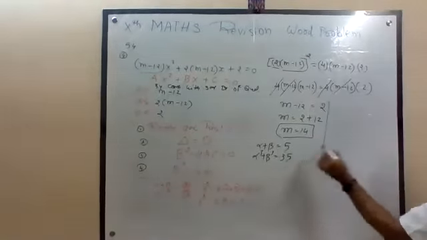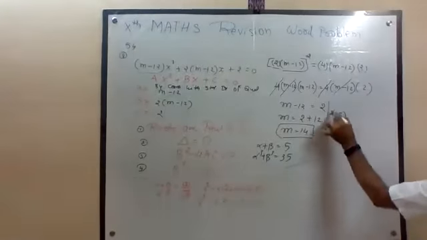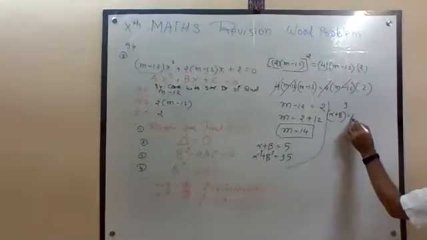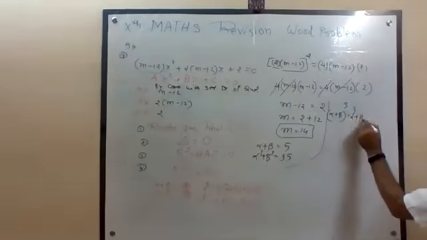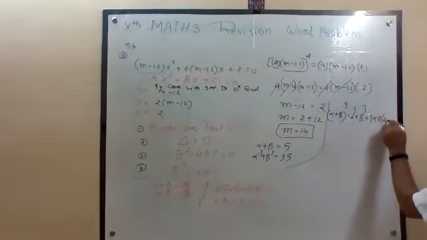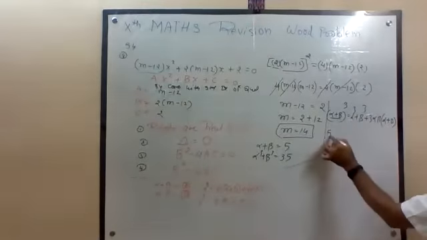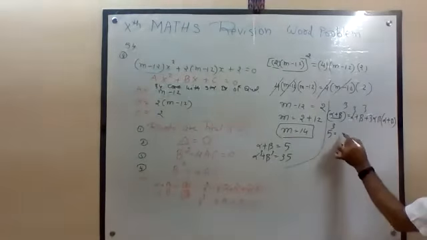So here they have given, so I'll write the alpha plus beta cube formula. Alpha cube plus beta cube plus 3 alpha beta (alpha plus beta). Alpha plus beta is given, 5 cube.